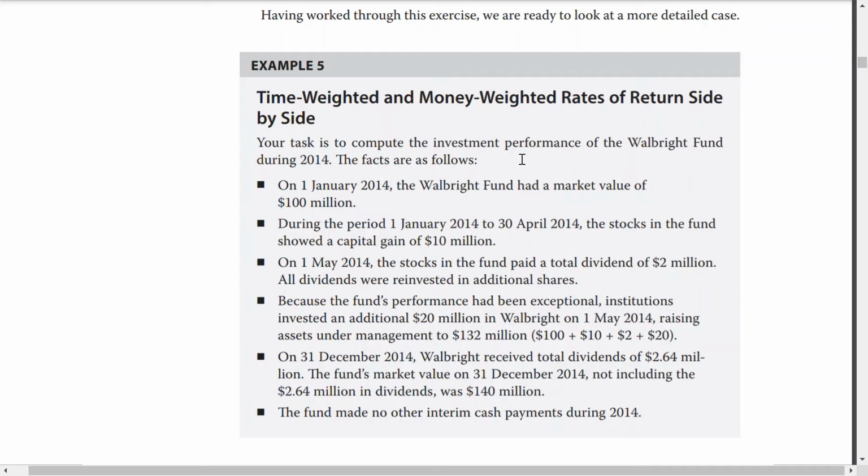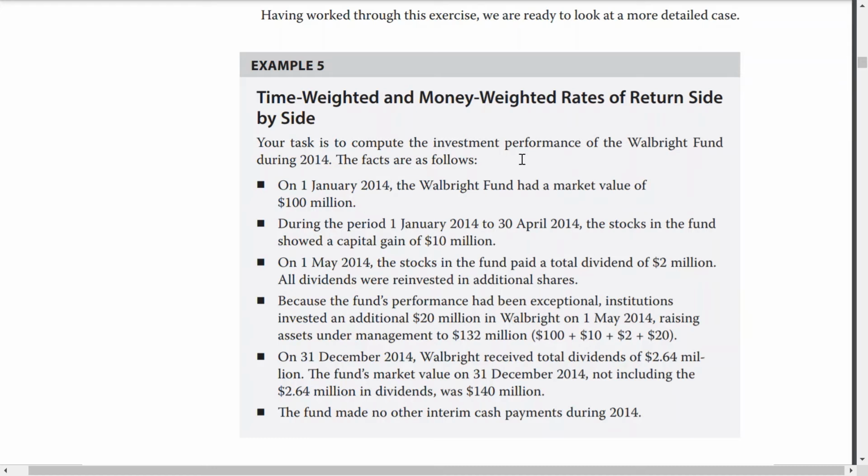During the period 1st of January 2014 to 30th of April 2014, the stock in the fund showed a capital gain of $10 million, so a 10% increase. On 1st of May 2014, the stock fund paid dividends of $2 million, so 2%. All dividends were reinvested into additional shares.